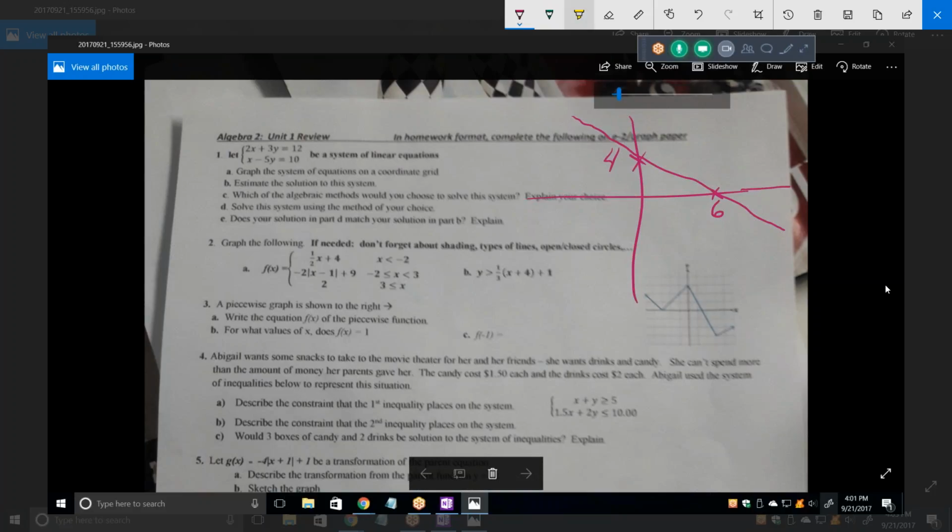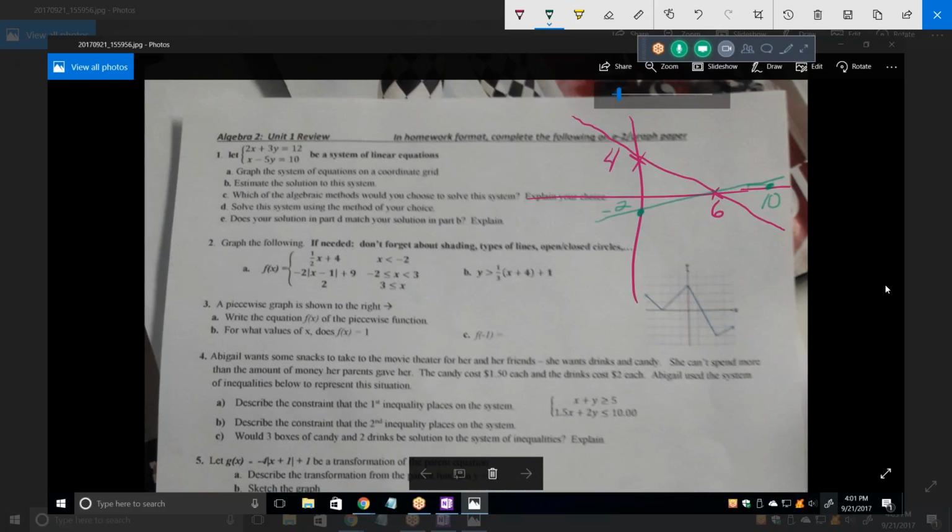Let me use a different color for this one. Okay. And the y-intercept? -2. Okay. I'll connect those 2 points. Whoops. I didn't do a very good job of connecting them.